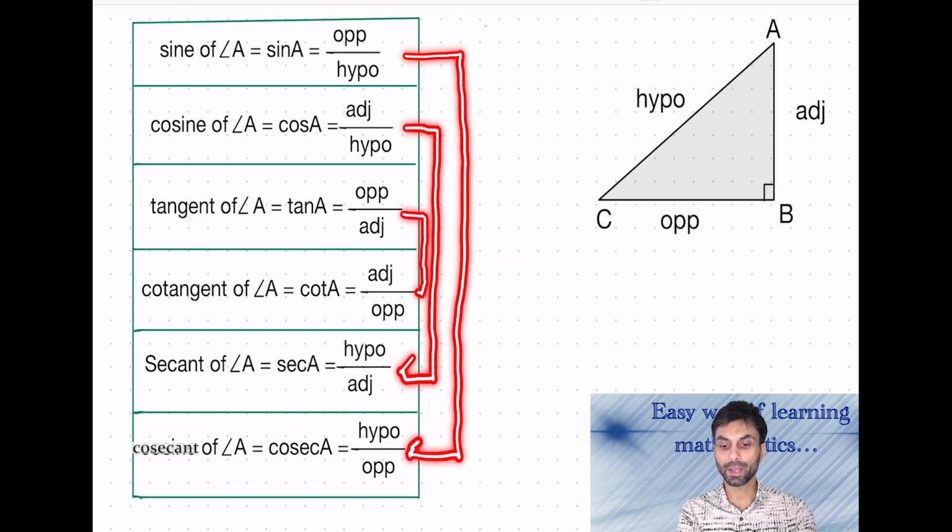And if we compare tan and cot, we find the same thing, that the ratios are reciprocal of each other. So that means we'll have a relationship between sine and cosec, between cos and sec, and also between tan and cot. And that relation we'll be learning as the reciprocal relation.